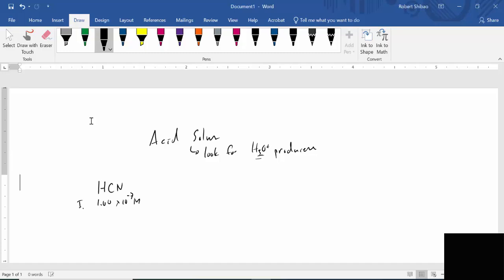Well, one thing is that's a very low concentration, but HCN is still a very poisonous acid, so we have to be very careful with that. It's hydrocyanic acid. Hydrogen cyanide gas was used in the gas chamber at San Quentin prison.